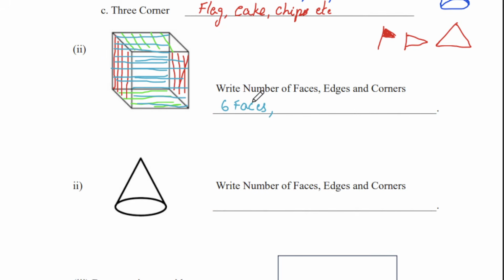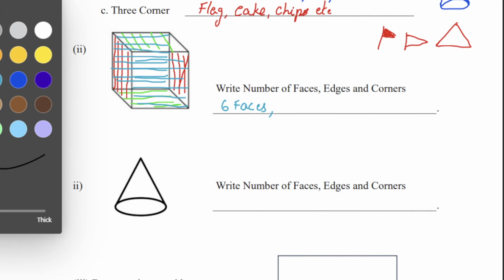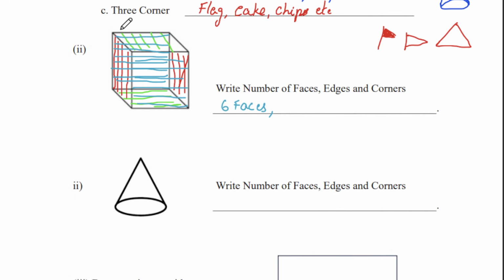Okay. And how many edges do we have? I'll do it in black color. We have one, two, three, four, five, six, seven, eight, nine, 10, 11, 12. So 12 edges.